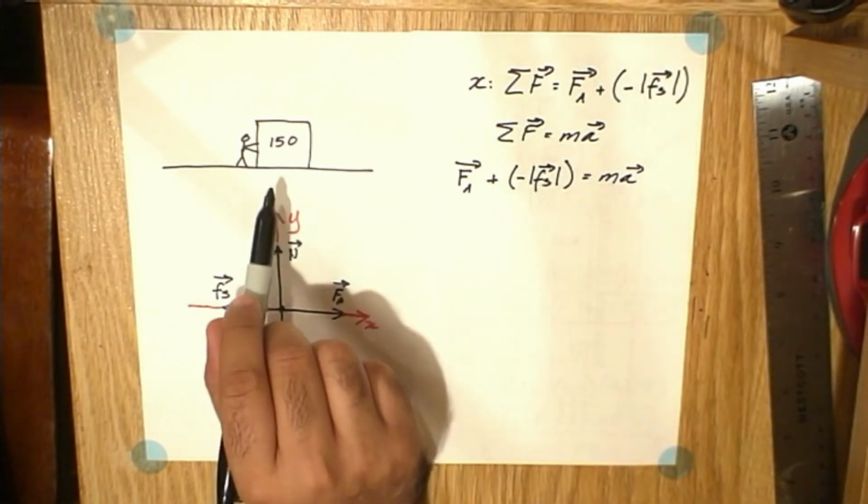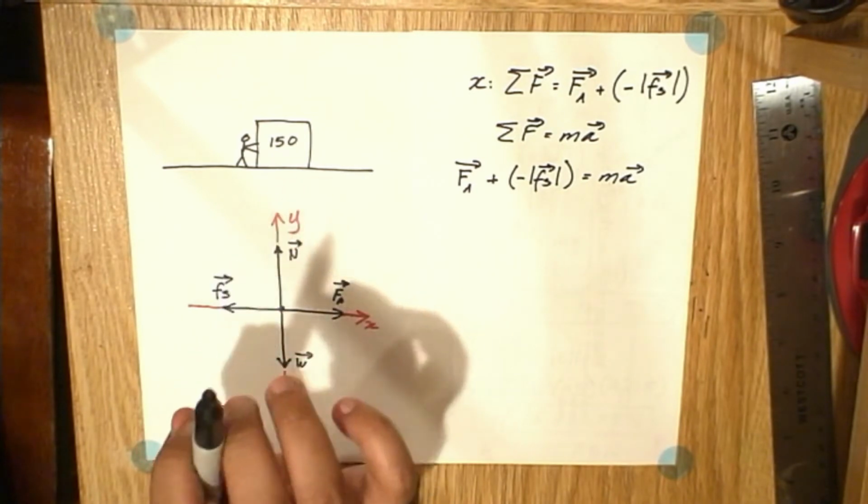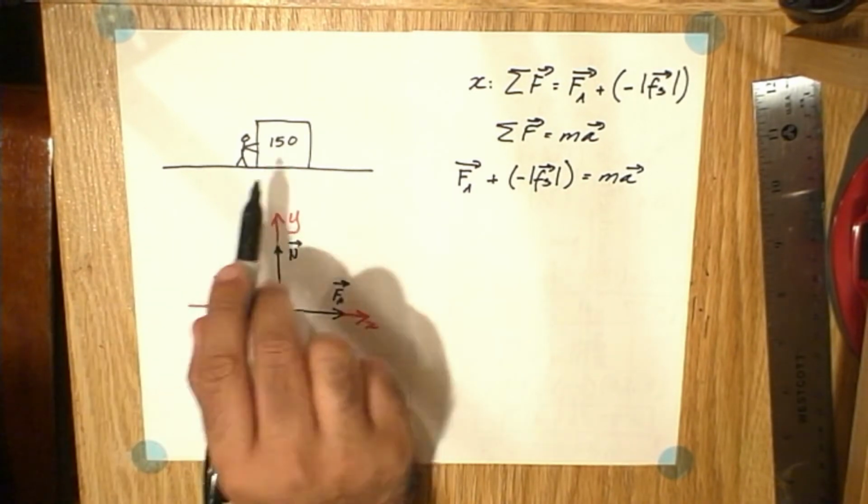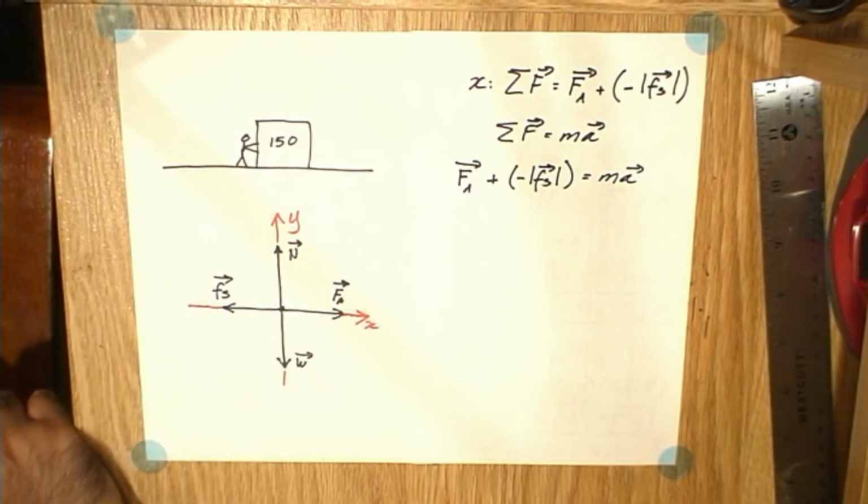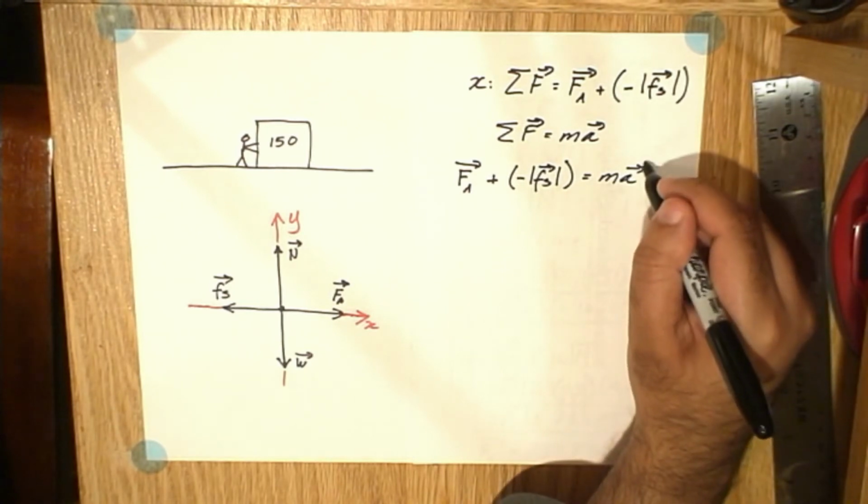Now, if we are just barely starting to get this box moving, then that means that the acceleration in the x direction is about as close to 0 as you can possibly get. For our purposes, we will say that it is 0.